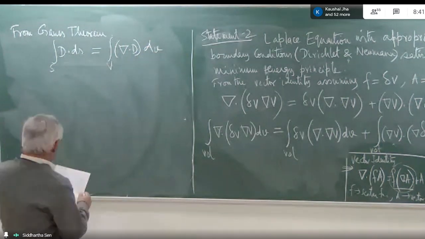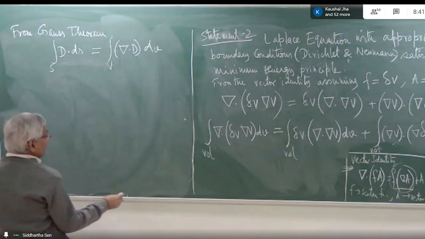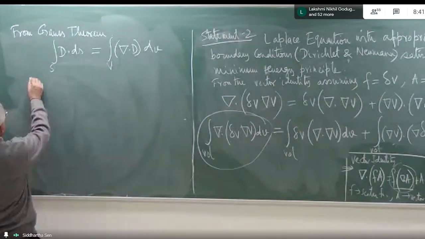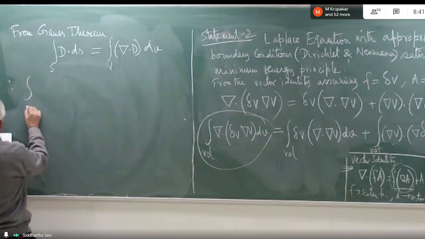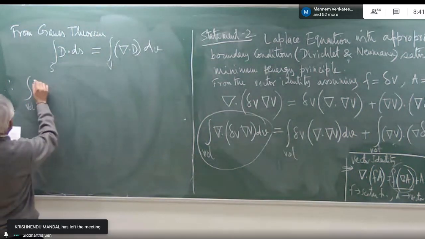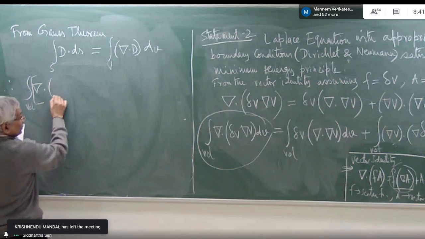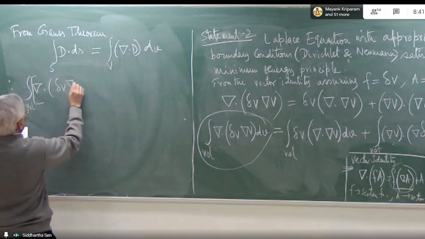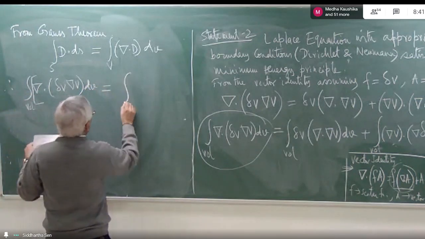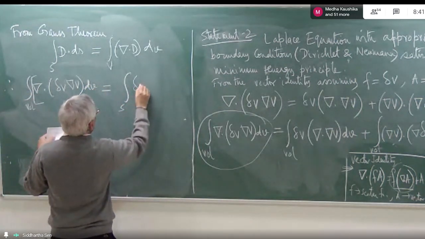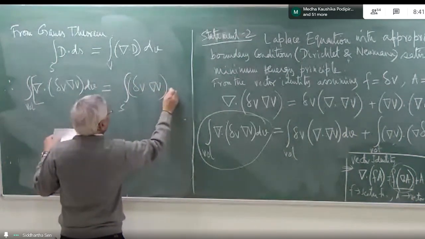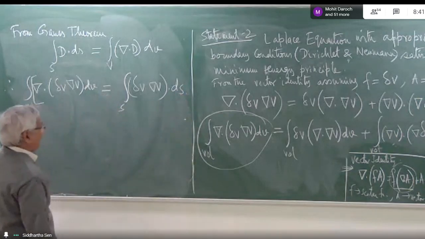Similarly, for the first term, the volume integral of nabla dot (delta v nabla v) dv is equal to the surface integral of delta v into nabla v dot dS. Agreed?